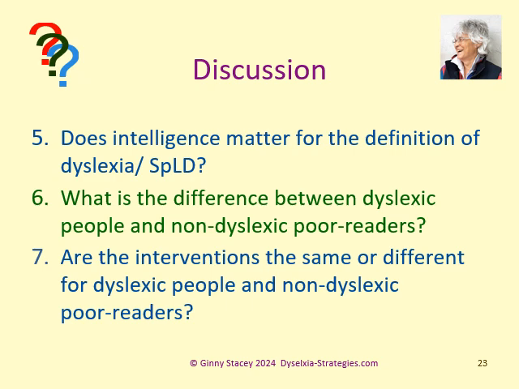So their connections A to B will slowly develop, and they will not be pushed into random connections. So the interventions may well be the same for dyslexic readers and non-dyslexic poor readers, but the way in which they're taken up by the brain, the way in which they are interacted with by the individual people, may be quite different, and that difference needs to be taken into account and observed and used.